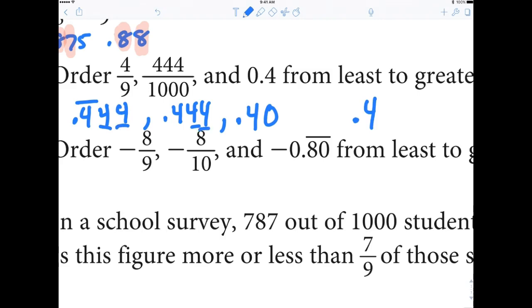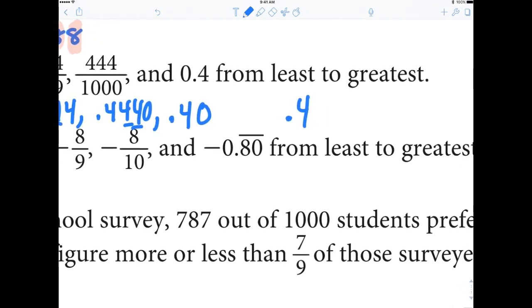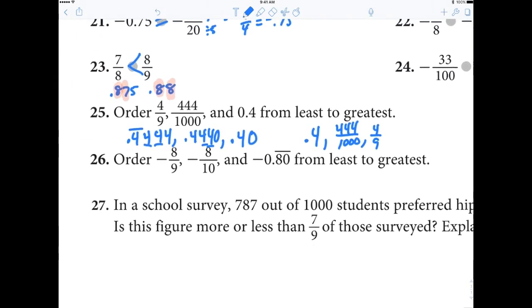But the next number after 0.444 is a 0, and this would be a 4, meaning 0.4 repeated is bigger. So we would say 444 over 1,000, and then we would say 4/9. Now that's a very good problem. Can we just write out the decimal? Yes, I don't care if you write out the decimal.